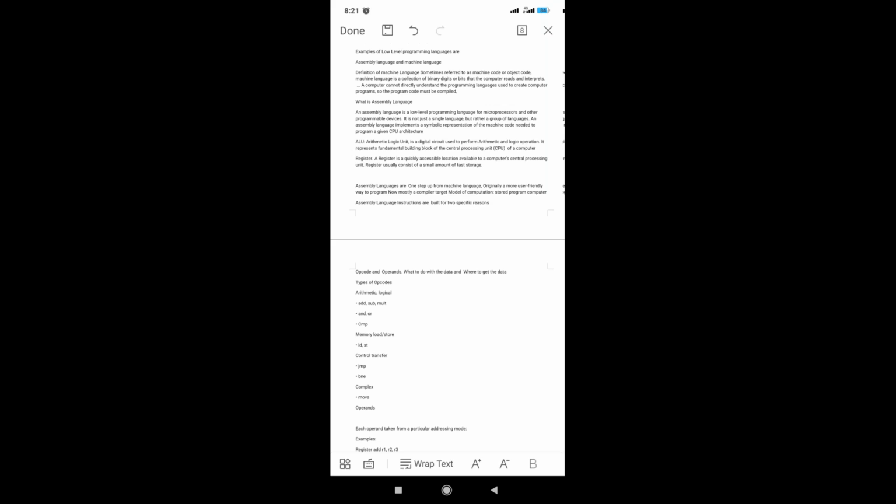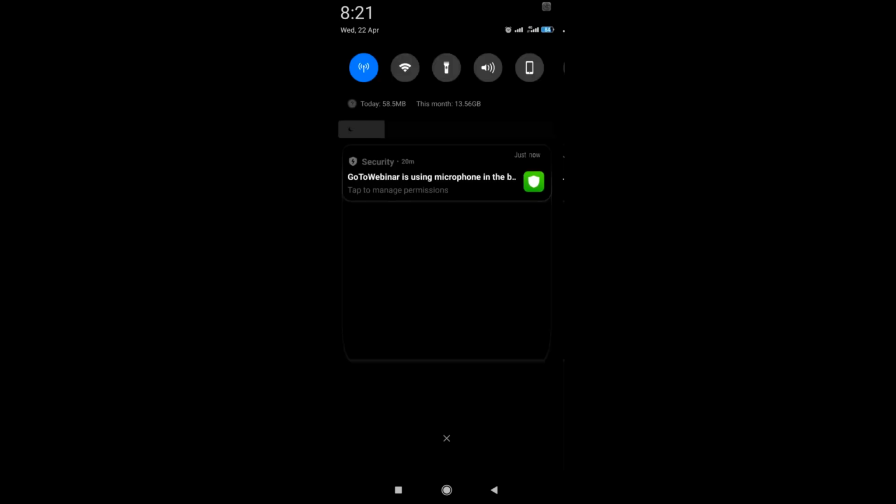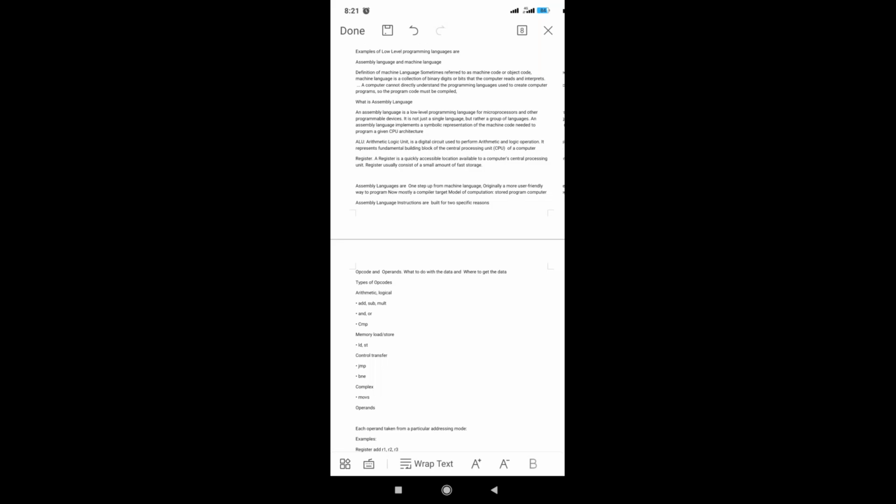So before the advent of high-level programming languages, what was invoked was assembly languages, and that was what programmers were using to get hold of solving problems.